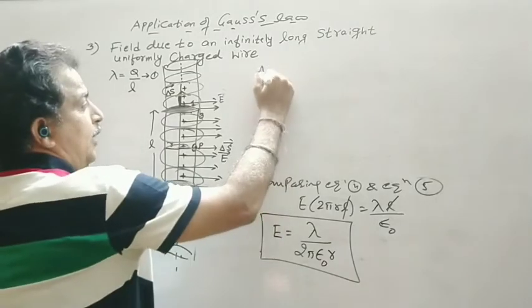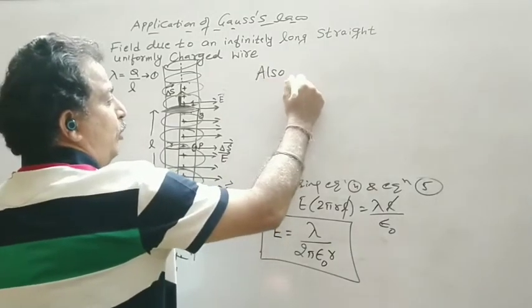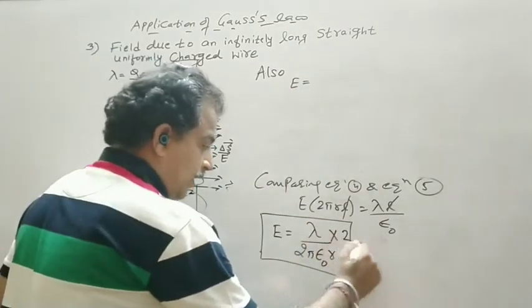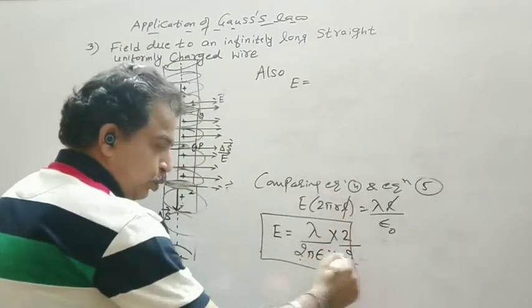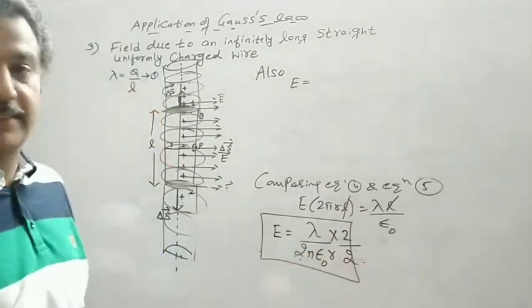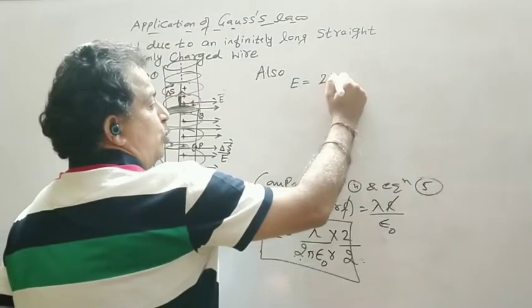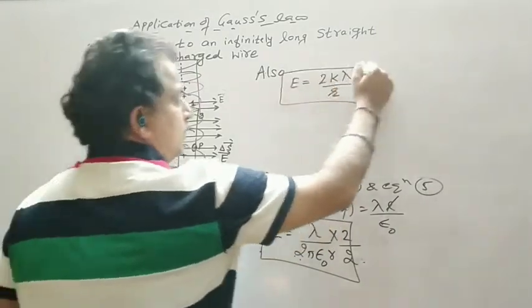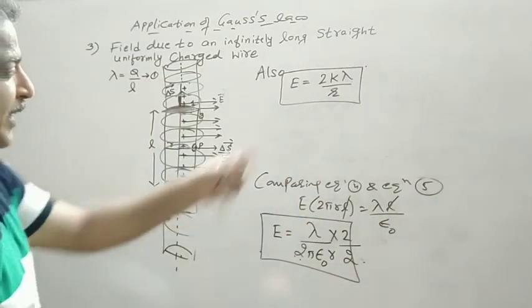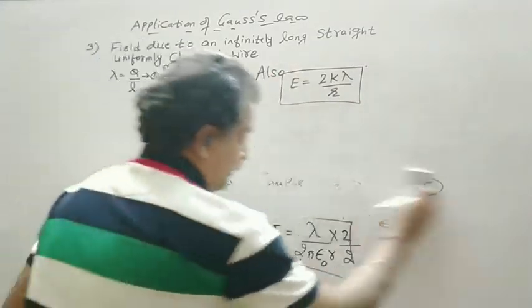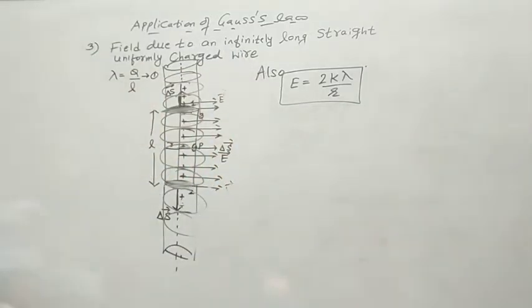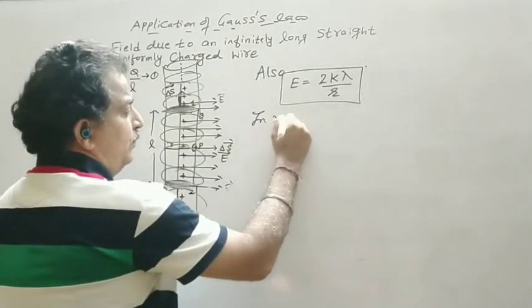Also, another way to remember this formula is E is equal to, we multiply and divide it by 2. So this 2 becomes 4 pi epsilon naught, which is K. So it becomes 2K lambda upon R. It will be easy to remember this formula. So this is the electric field intensity at any point normal to the wire in vector form.